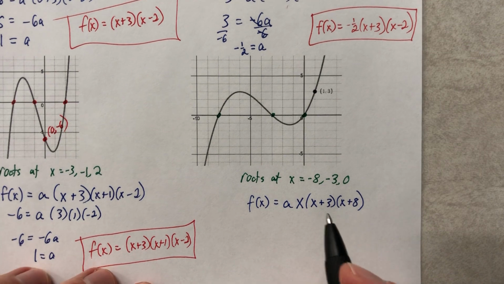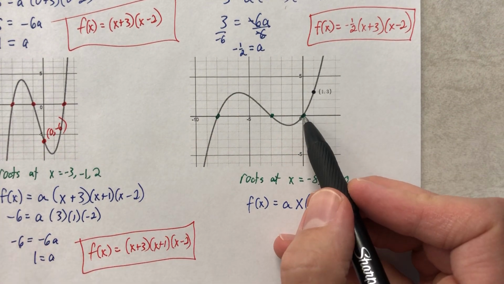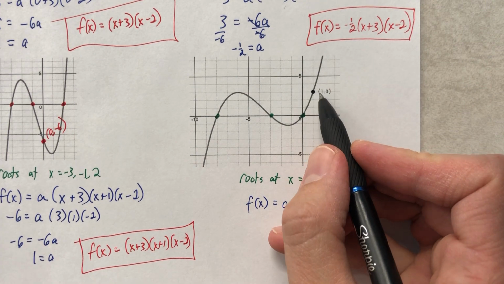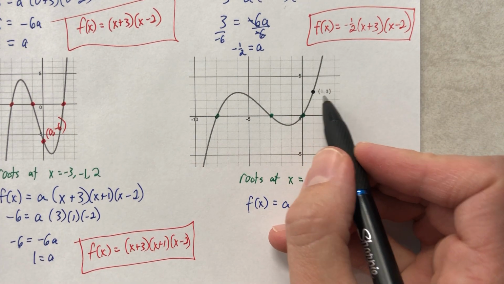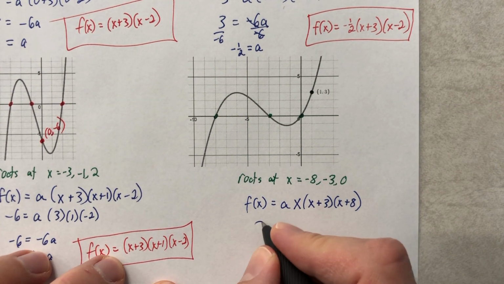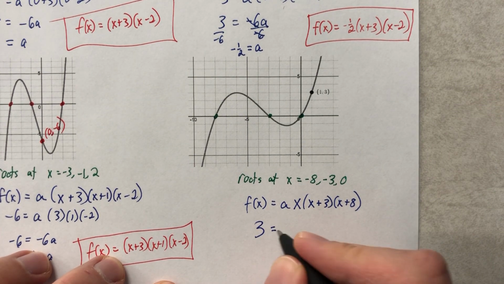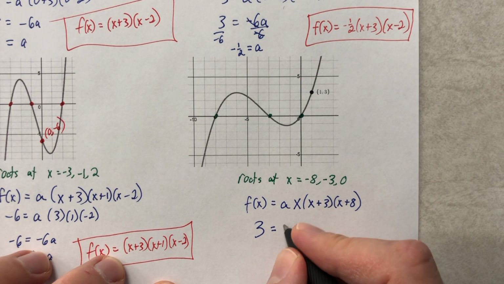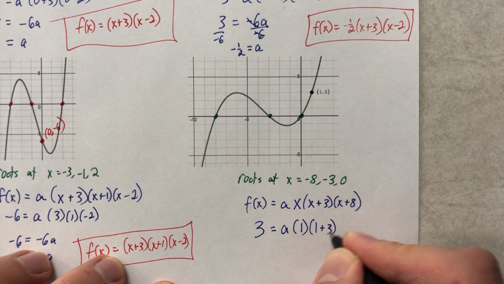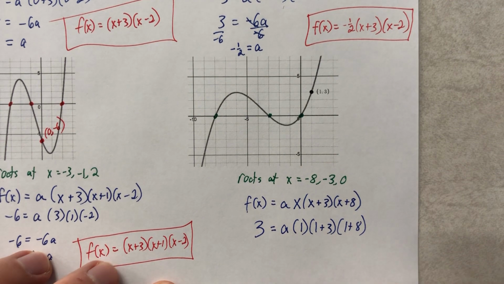Okay, I would love to identify a y-intercept, but it's 0. So plugging in 0, 0 would help me none at all. But they did give us this coordinate, 1, 3, which we can very easily use. Lucky us. So 3 equals a times 1, 1 plus 3, 1 plus 8.